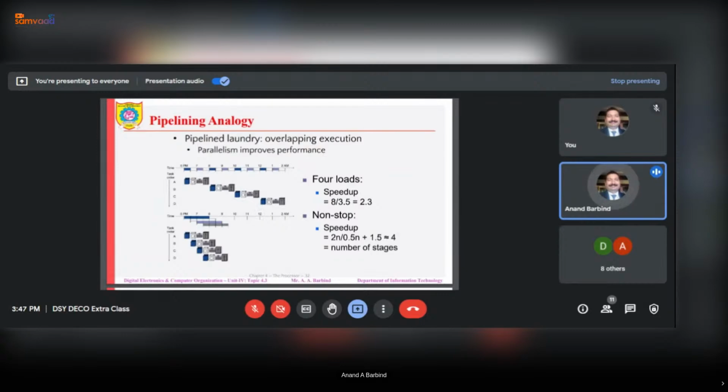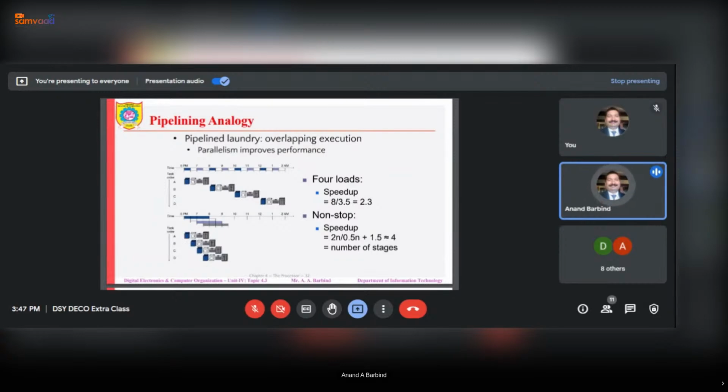So here each batch of cloth is taken independently. After one batch is finished, the second batch is taken. But if the laundry has independent units, and each unit is functioning independently, then how can this go? For example, the first batch of cloth will be taken and given to the washing unit in the laundry. Then after the washing of the first batch is over, those clothes will be given to the drying unit.